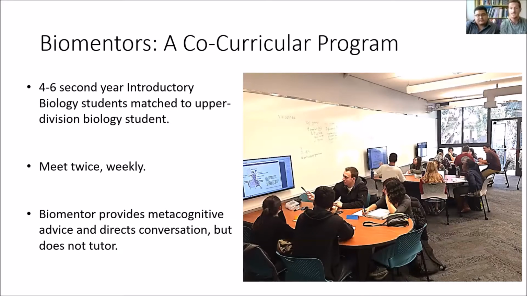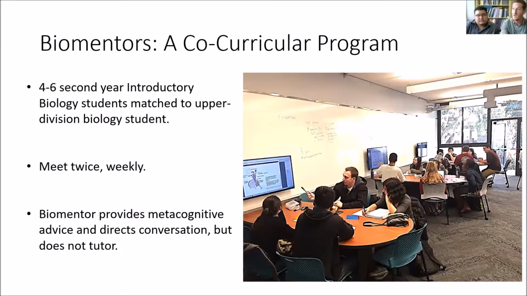They meet twice weekly, about 1 hour early in the week and 1 hour later in the week. The BioMentor is meant to provide metacognitive training and advice and any insights they have about second year biology, but they're not typically a tutor, or we're trying not to have them act as a tutor.